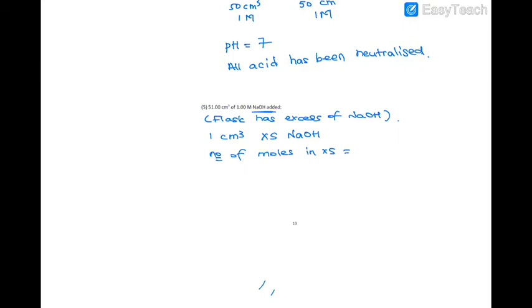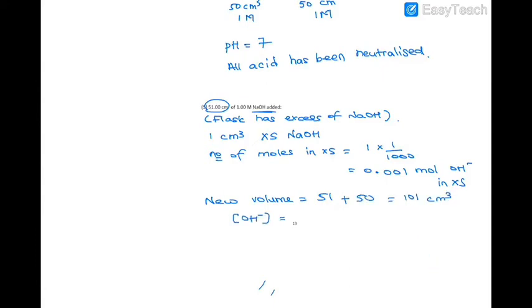So number of moles is concentration times volume. So that's the number of moles of excess NaOH that we have. Now this is present in a new volume. So I have 51 cm³ of NaOH, which is present with the HCl, which we already had 50 cm³ of.